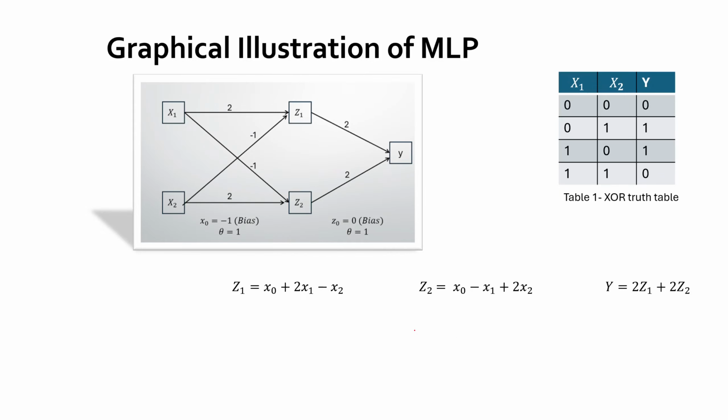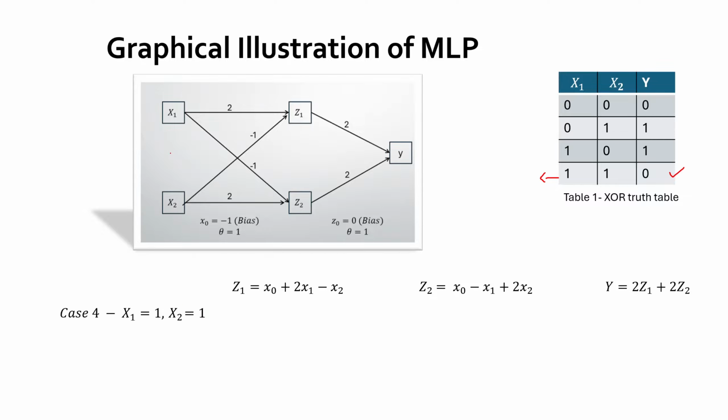Now let's see the fourth case, where both the inputs x1 and x2 have a value of 1, and at the output it is expected that the output value will be 0.